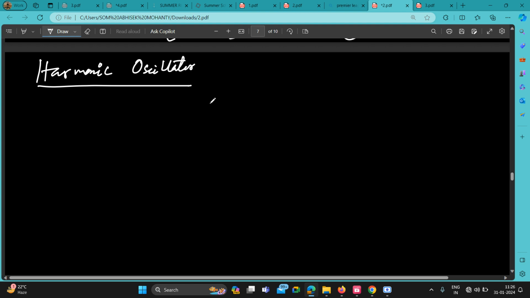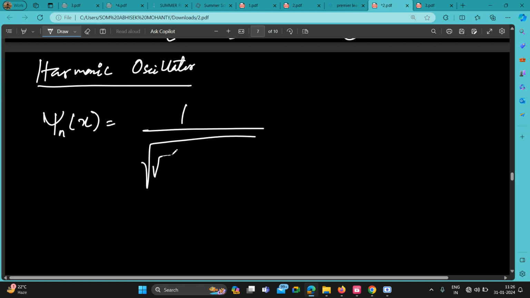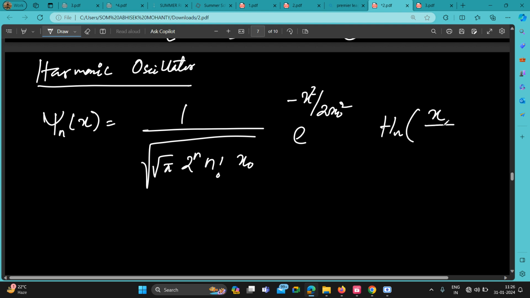See, we have to first write down some formula. First of all, the wave function of the harmonic oscillator is 1 by root over of root pi 2 to the power n factorial x naught, e to the power minus x square by 2 x naught square, Hermite of x by x naught.